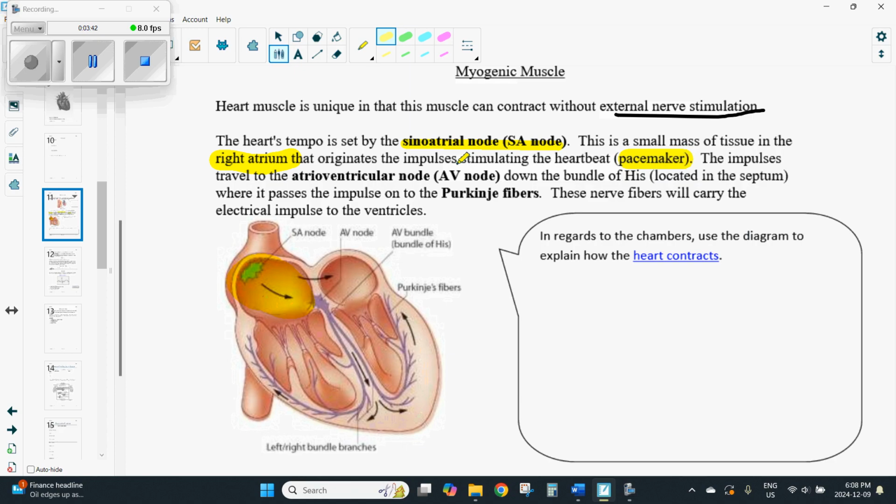So the impulses will then travel from the sinoatrial node towards the atrioventricular node. And you've kind of heard that term before, atrioventricular. Okay, we talked about it in terms of atrioventricular valve. So atrio is representing your atriums, which is located at the top of the heart.